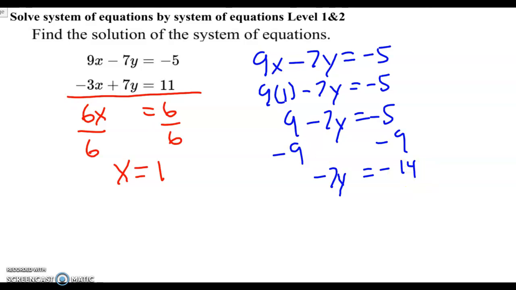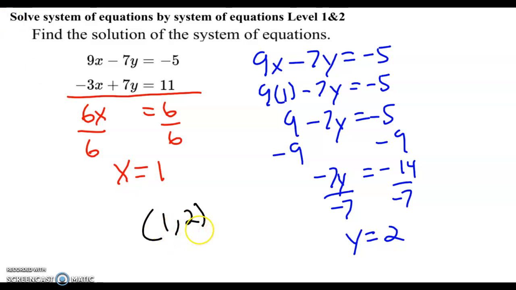And I divide by negative 7 on both sides. y is equal to 2. Alright, so now that I got y is equal to 2 and x is equal to 1, I can write my ordered pair as (1, 2). Make sure you put the x first.